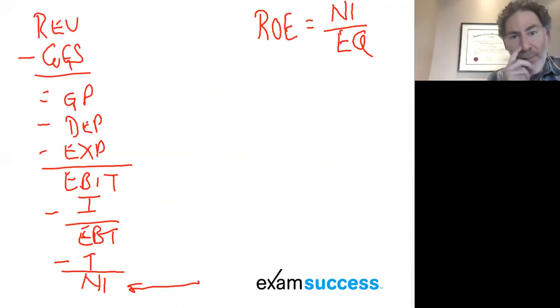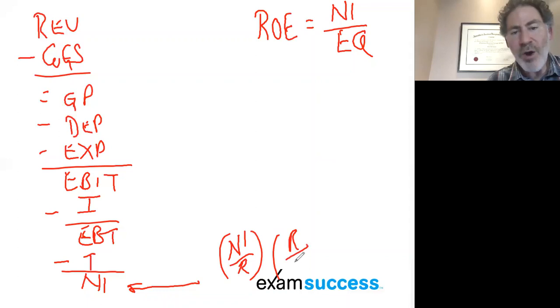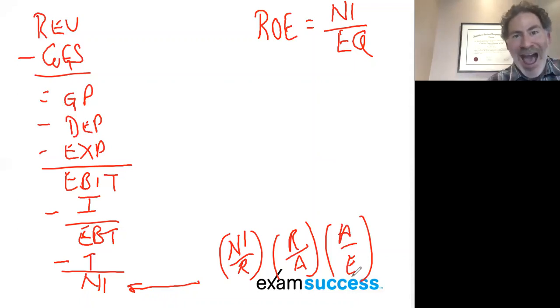Okay, so I always start down here, that net income. We were starting with the net income down here. That was the 3-stage. So that was the net income over the revenues times the revenues over the assets times the assets over the equity. That's 3-stage.